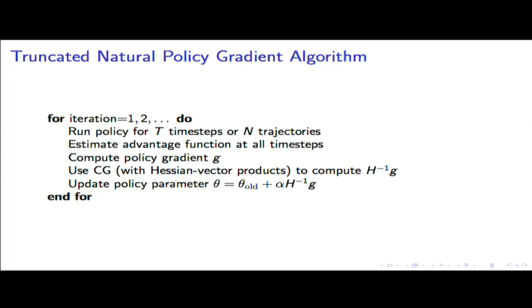Then you do conjugate gradient using Hessian vector products to compute this step of the form H inverse G. And then you scale it by a step size alpha, so that your new policy is obtained by taking your old policy and adding this term alpha H inverse G. Any questions?